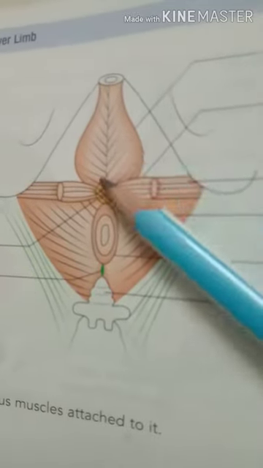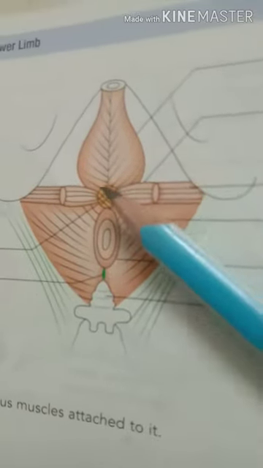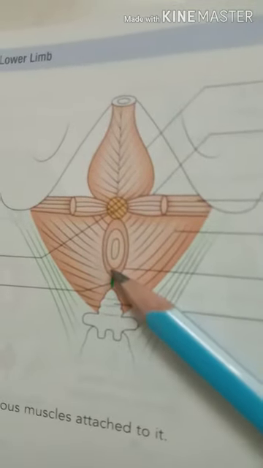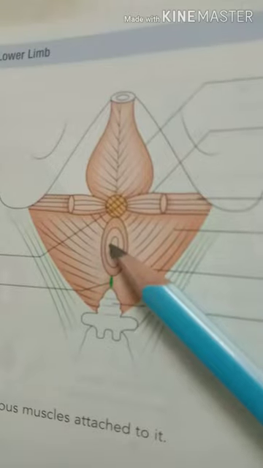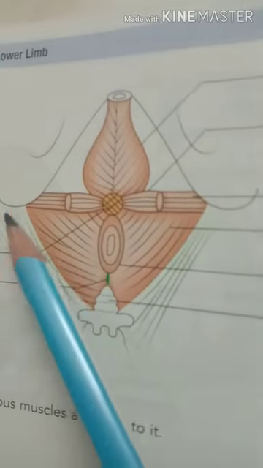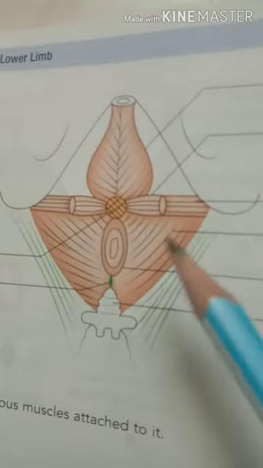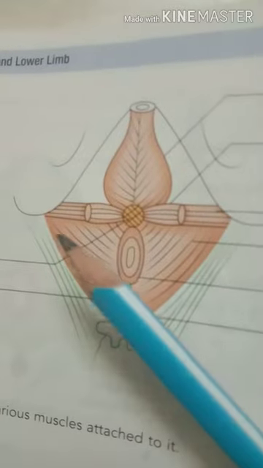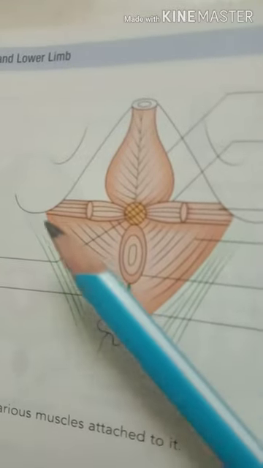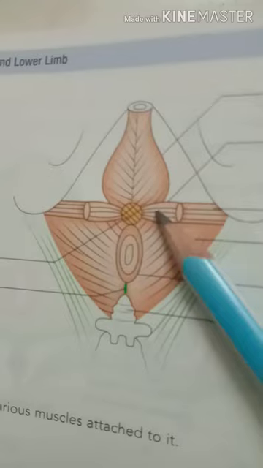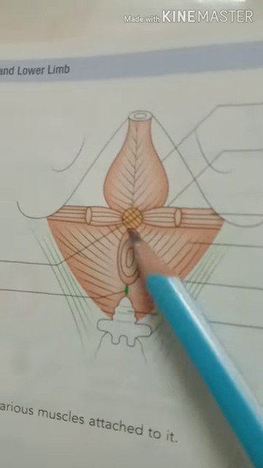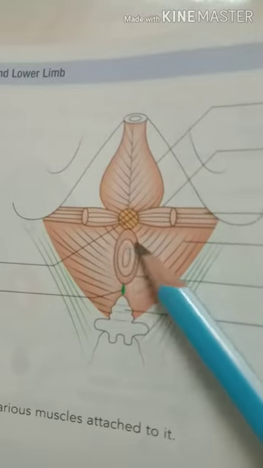It is a fibromuscular node situated in the median plane about 1.25 centimeters in front of the anal margin. Okay, so from the anal margin it is present 1.25 centimeters anterior. Then several muscles of the perineum converge and interlock here on the perineal body. Here you can see the muscles which interlock into the perineal body.